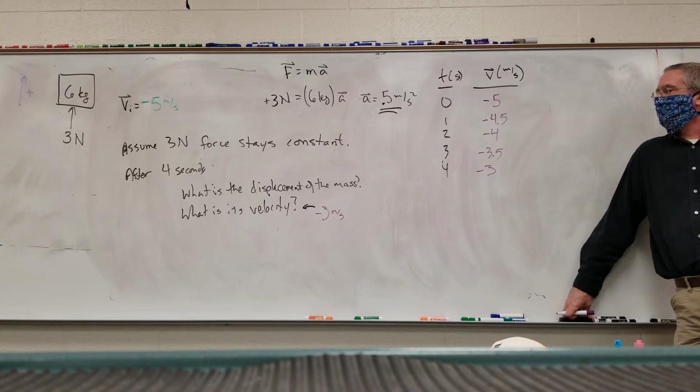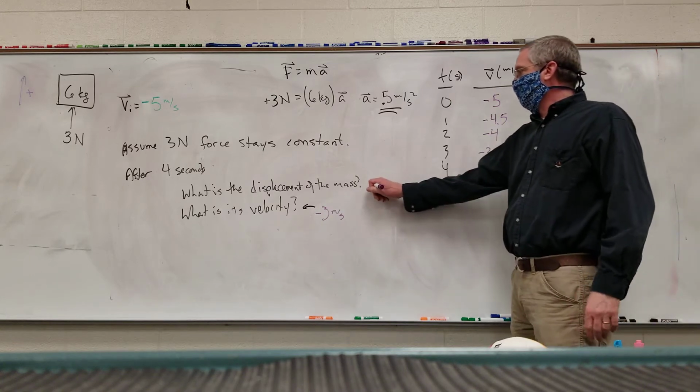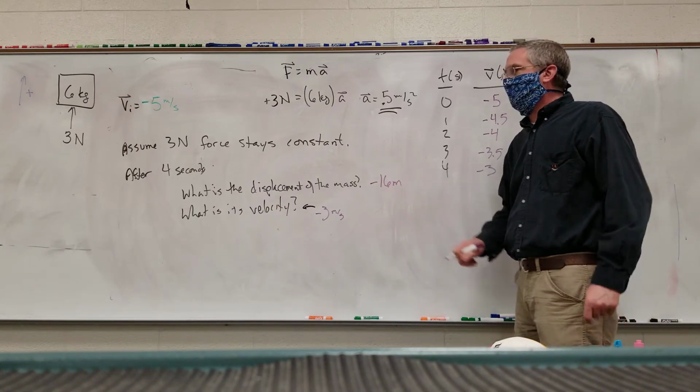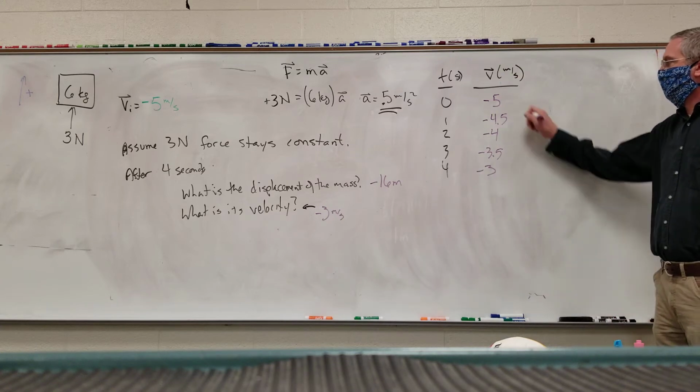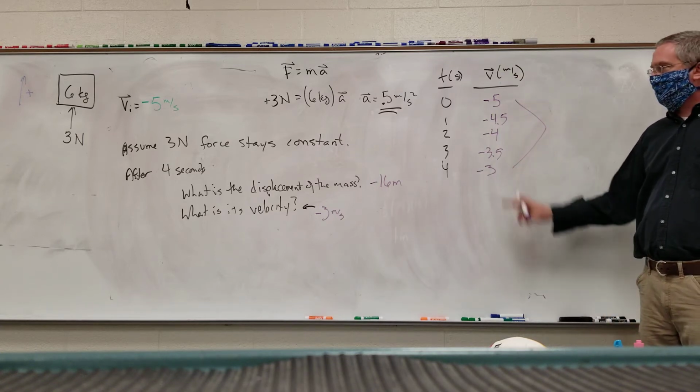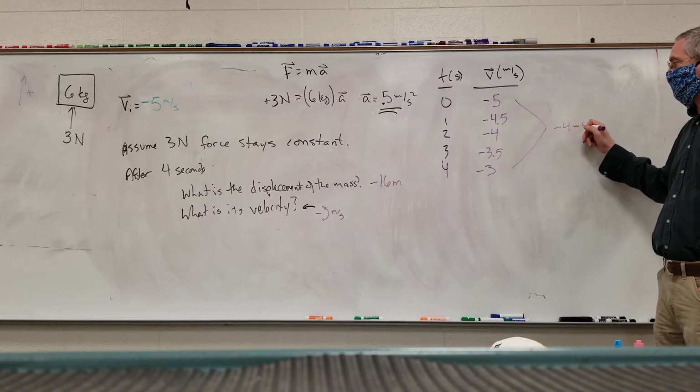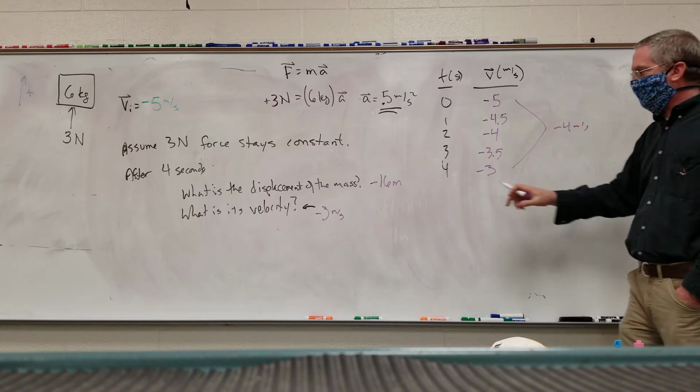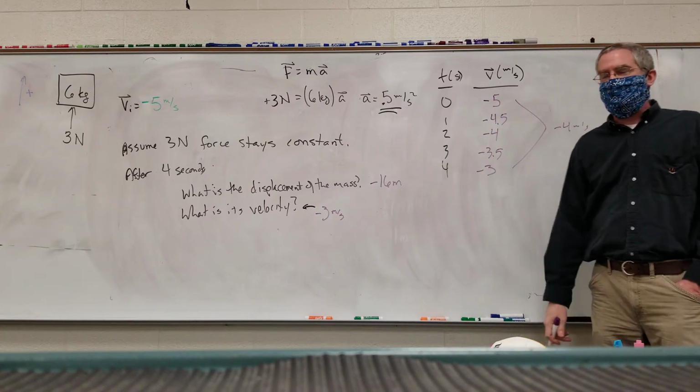No. Negative 16. Yes. How'd you get -16 meters? Average velocity times 4 seconds. The average is -4 meters per second. So on average, it's going -4 meters per second for 4 seconds, and so -16 meters.